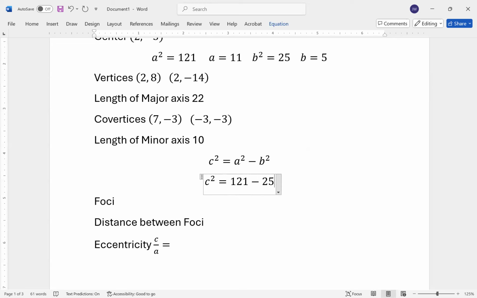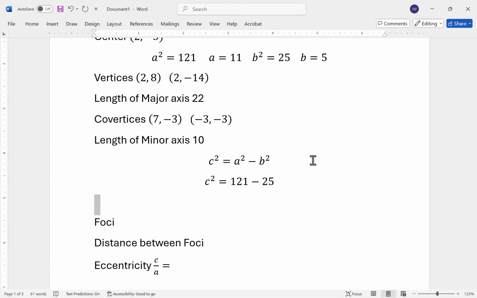If I take 121 and subtract 25, I get 96. So c is the square root of 96. By the way, that's going to be 4 root 6 if I simplify. I won't simplify, but that's how it is.